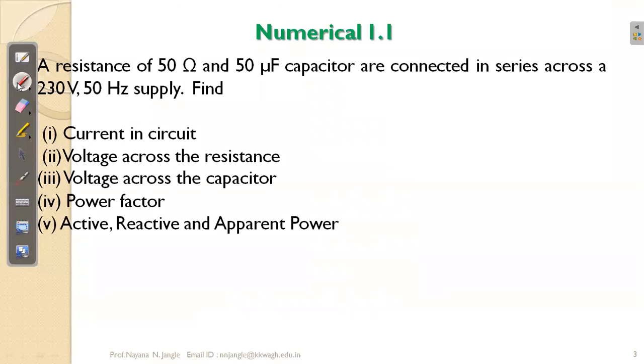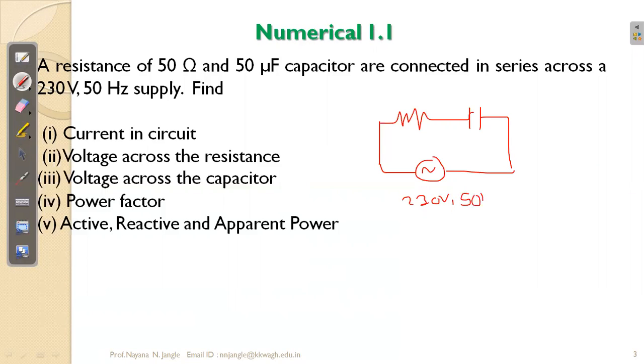Here the circuit consists of one resistance, one capacitance, and this is connected across an AC supply. The AC supply is 230 volts 50 hertz. Resistance is 50 ohm and capacitor is 50 microfarad.